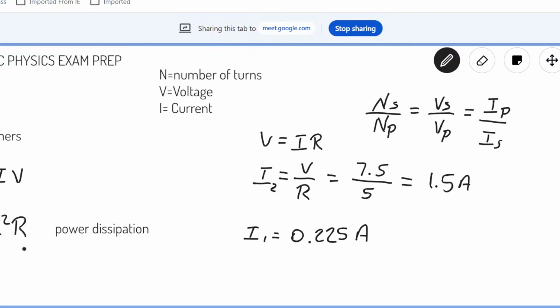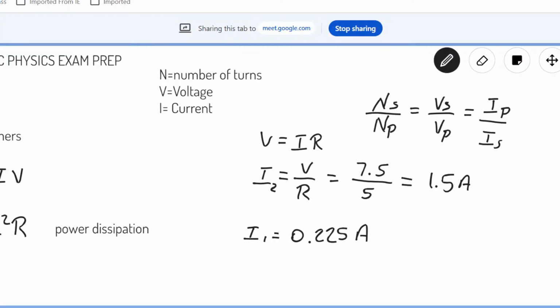Which I are we using for this one? Which I would we be using? Because it's two different I's. Is it I2 or I1? I2.